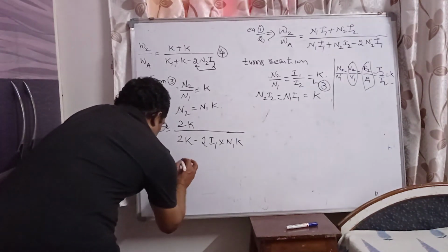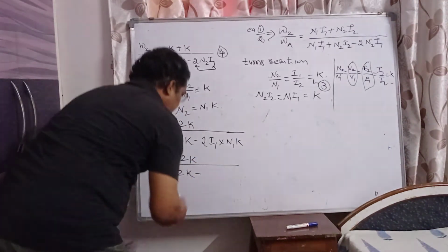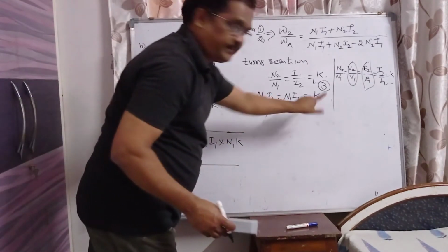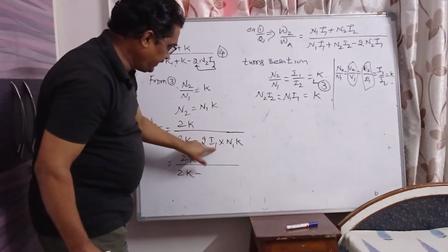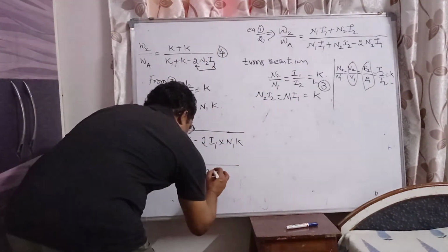Is equal to 2K upon 2K minus N1 into I1, which is K. N1 into I1 is K. So K minus 2K square.